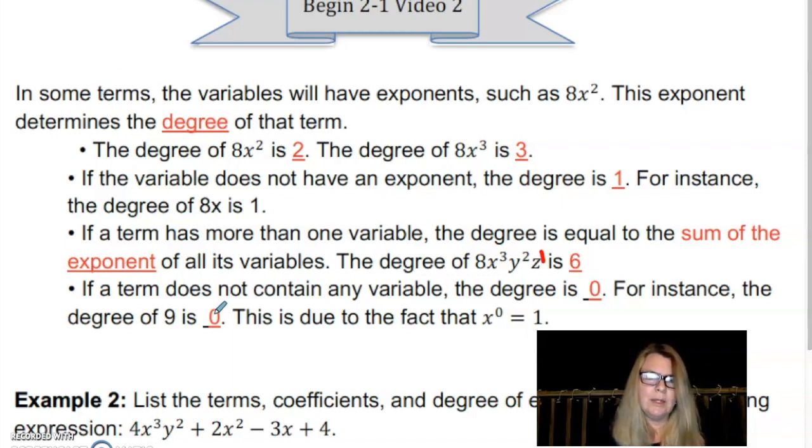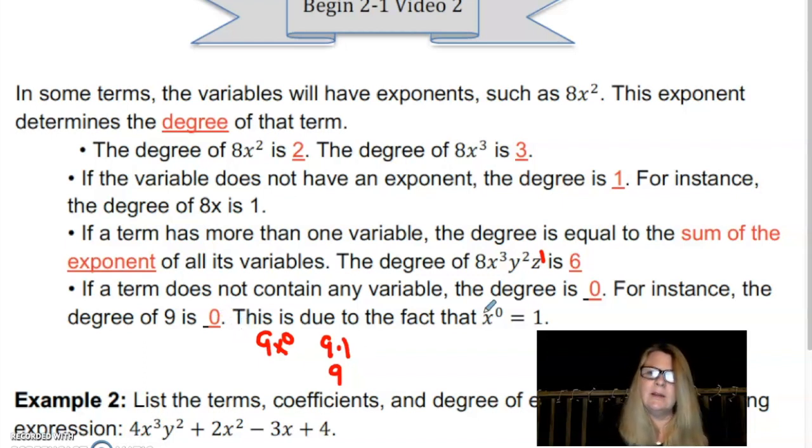So if we were looking at 9 times x to the 0 power, you do the exponent first, so anything to the 0 power is 1. So 9 times 1 is 9. Okay, that's the formal explanation as to why that's true, but the main thing that you need to remember is if there is no variable with it, then the exponent or the degree is 0.